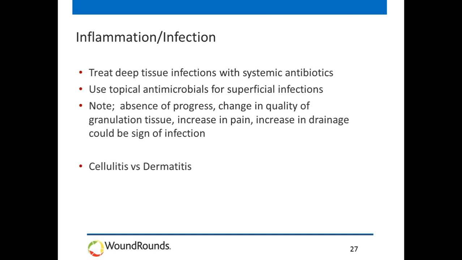Guide your antibiotic therapy using cultures. You need to avoid any known skin irritants or allergens in patients that have dermatitis or eczema. A lot of times there are some of the antimicrobials they do have allergic reactions to.